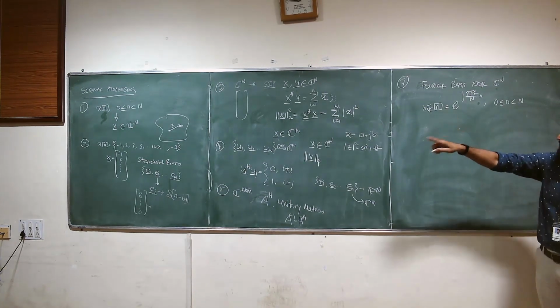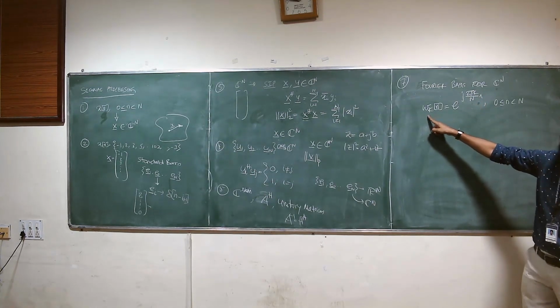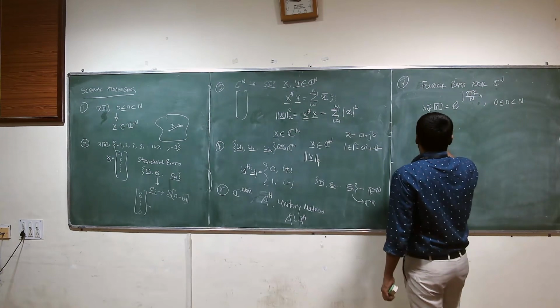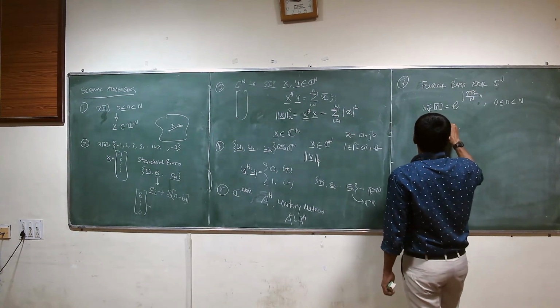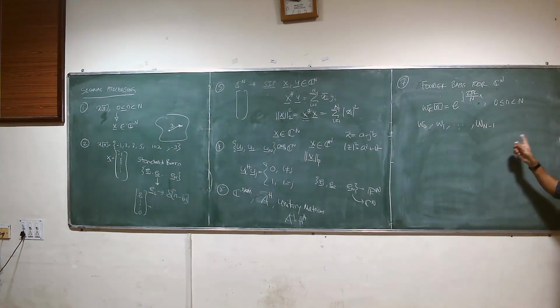It turns out that if you have a finite duration signal of length n, there are only n sinusoids, where w0 is not w1. There is nothing more, and there is nothing in between, just these.